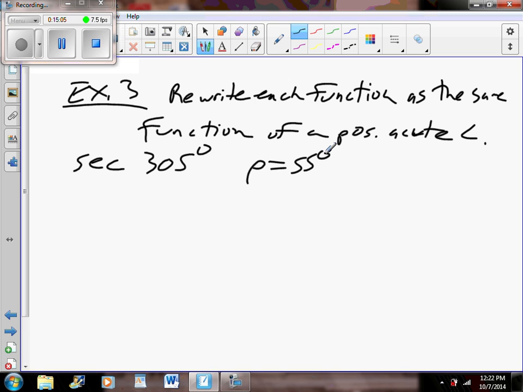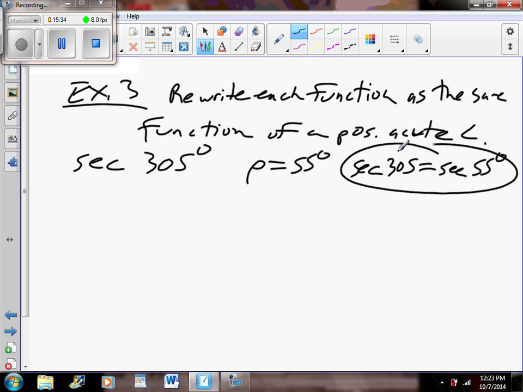You're in quadrant 4 now, so is cosine positive or negative? It is positive. So that means secant of 305 is going to be equal to a positive value of secant at 55 degrees. This is how you rewrite these functions in terms of a positive acute angle. This is how I would answer that.